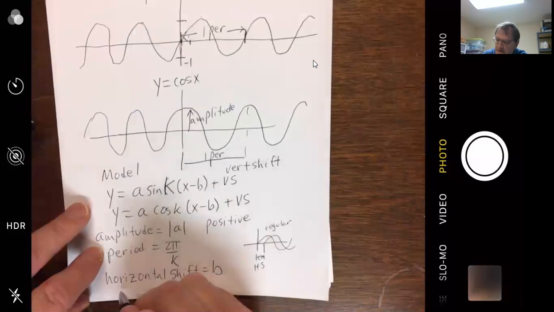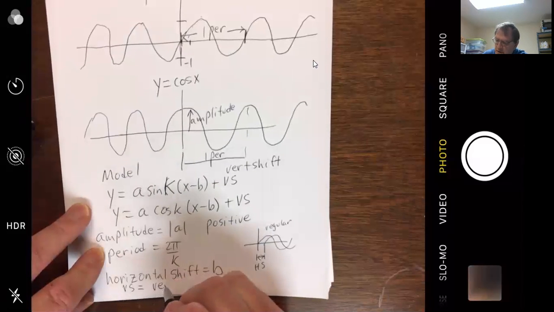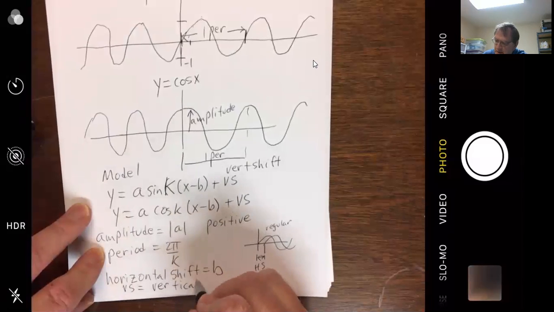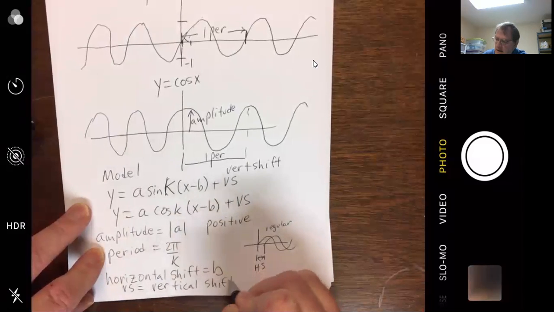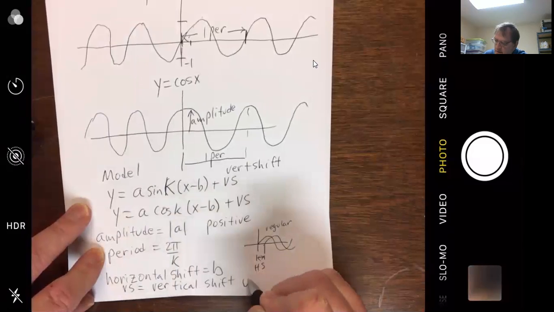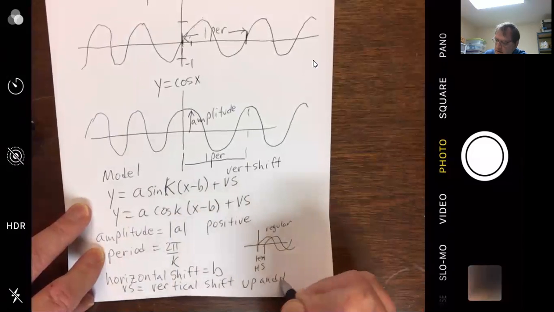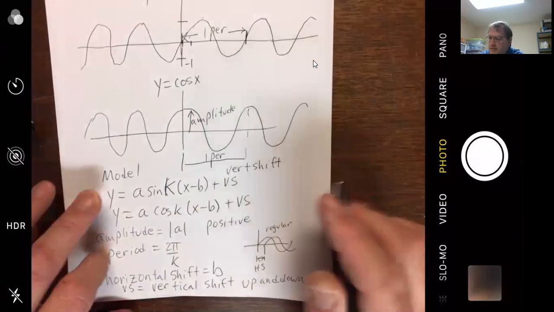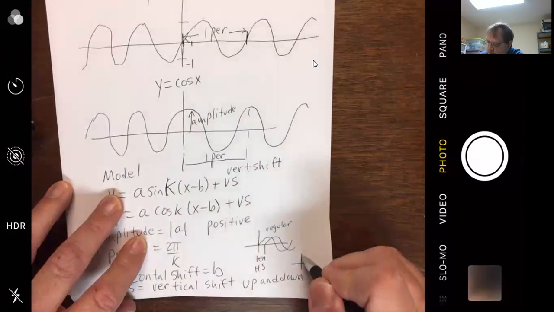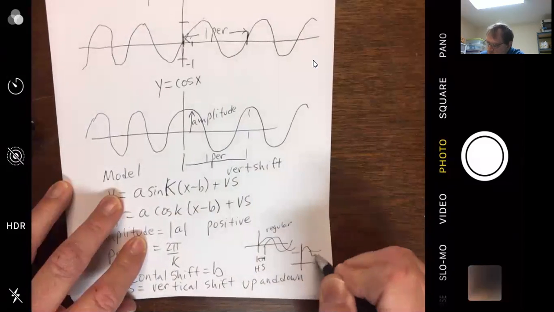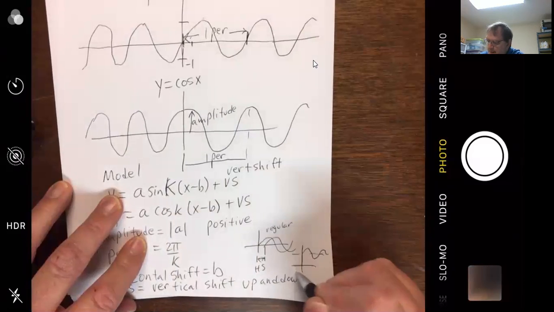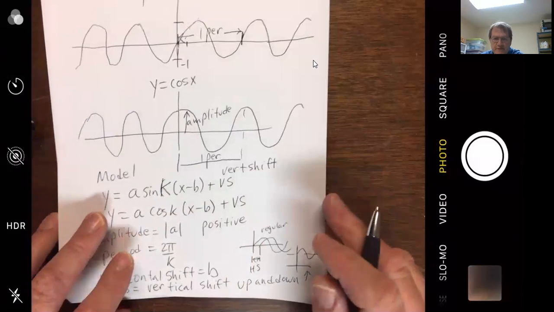And then VS is vertical shift, up and down. They give you the number. So if it's doing something like this, that has vertical shift.